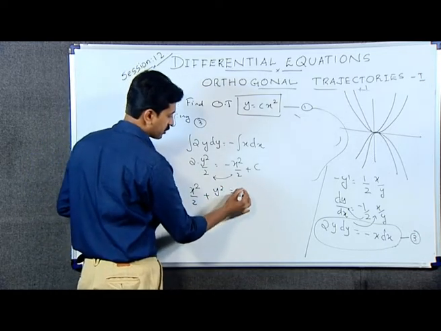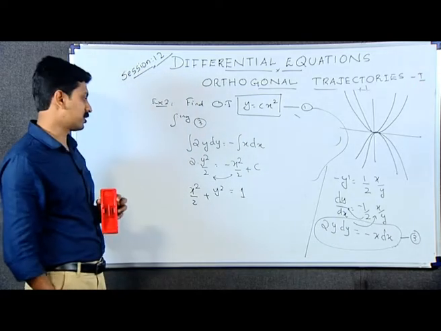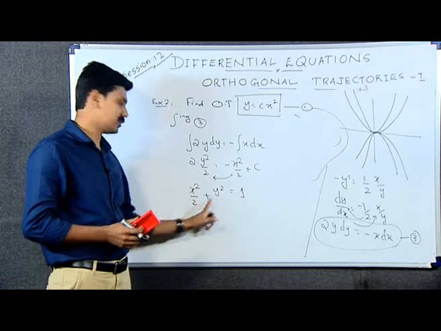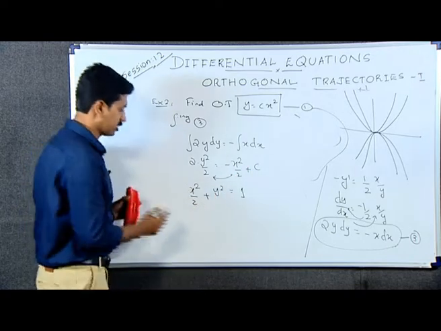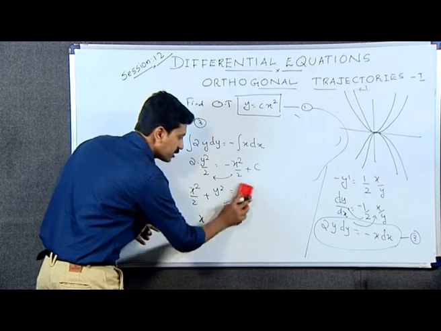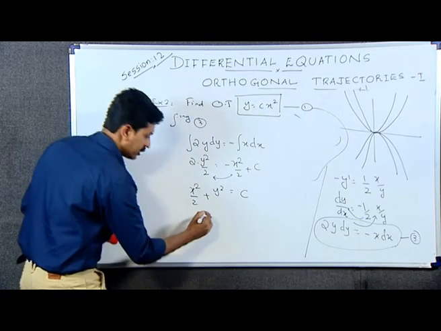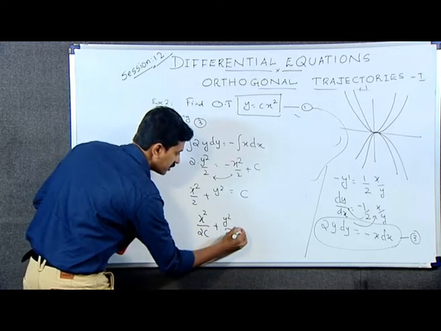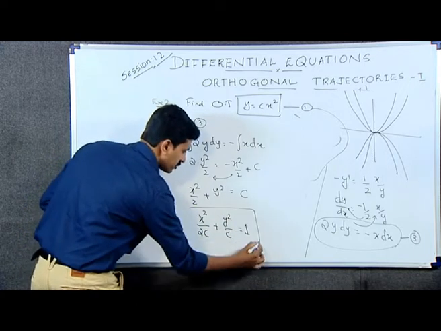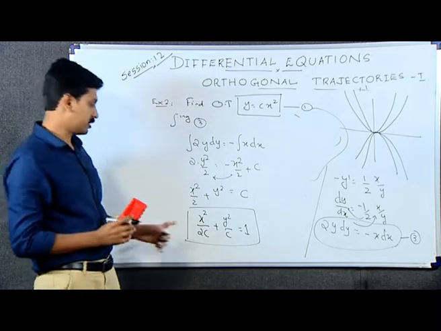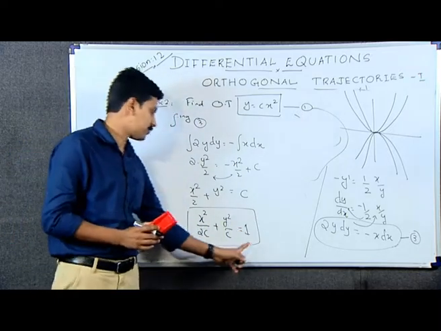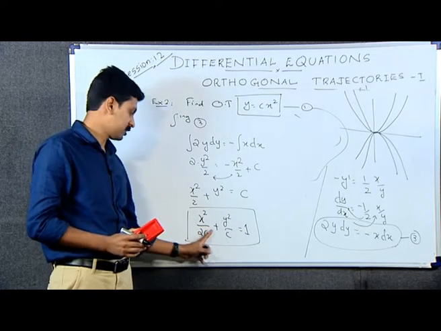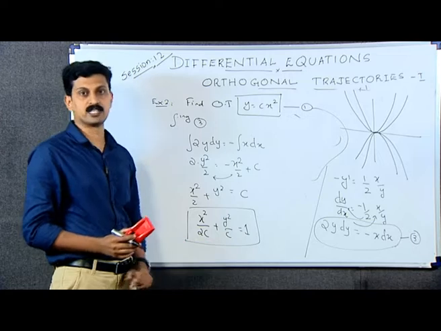Instead of c I am replacing it with a particular constant, and otherwise we can write this as x square divided by 2c plus y square by c is equal to 1. See, what about this figure? This is the geometrical form of ellipses with the major axis as 2c and minor axis as c.